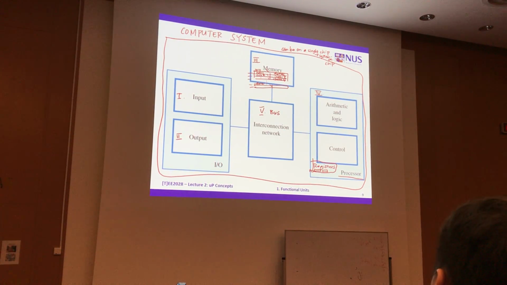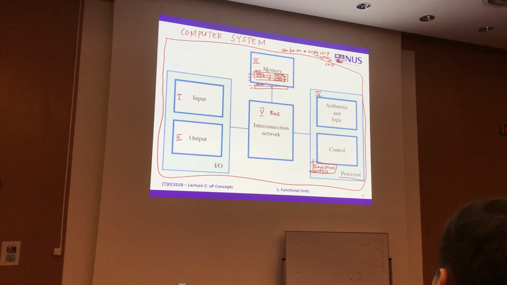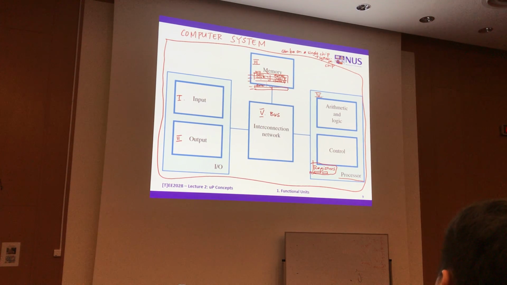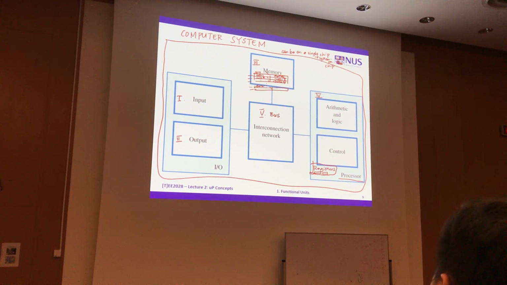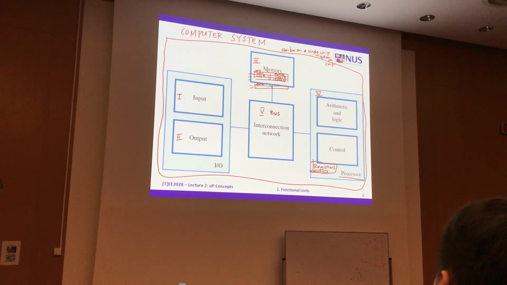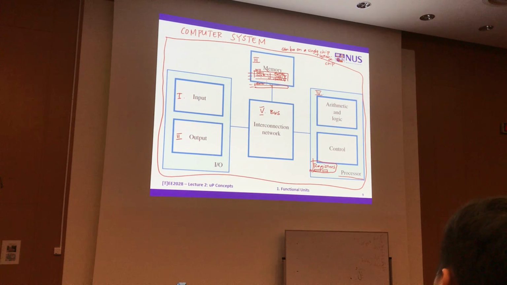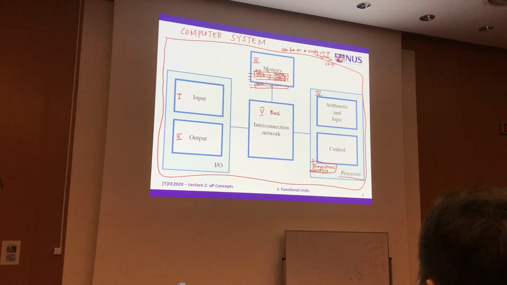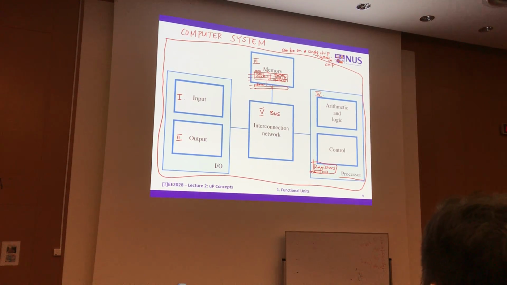Okay, so I think in the past few weeks, you all have been doing programming and using the various peripherals on the system on chip, such as UART and I2C and all that. But you may have forgotten that actually the computer system consists of all these basic parts.